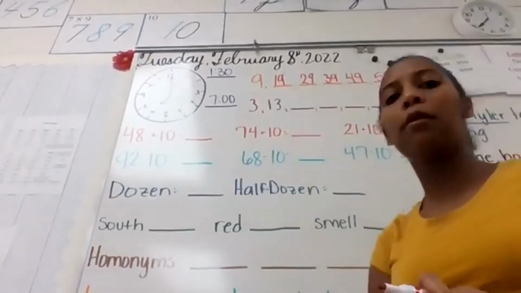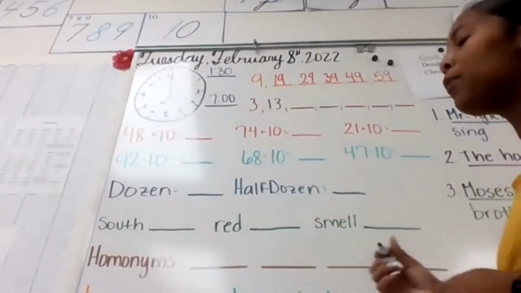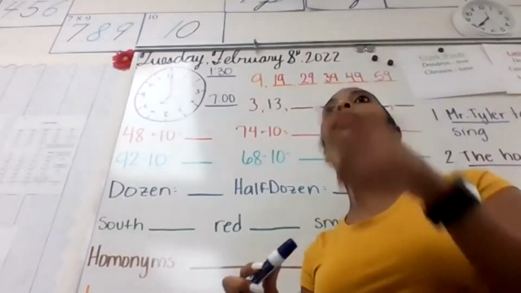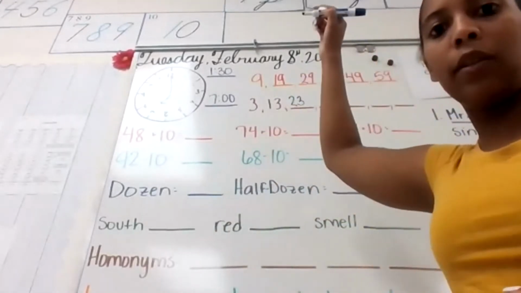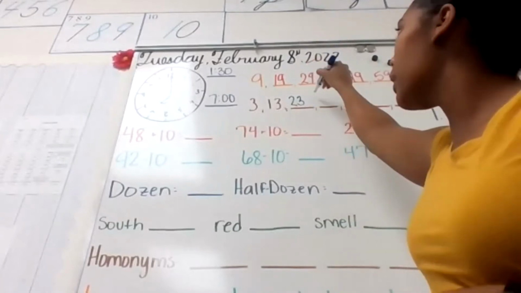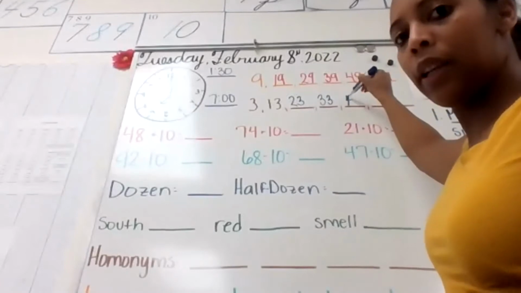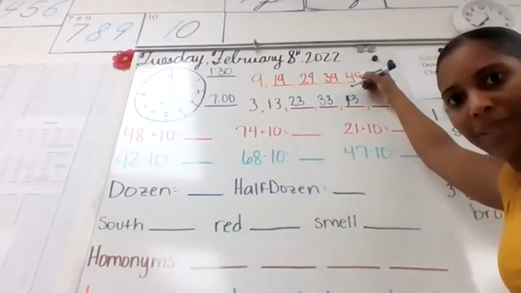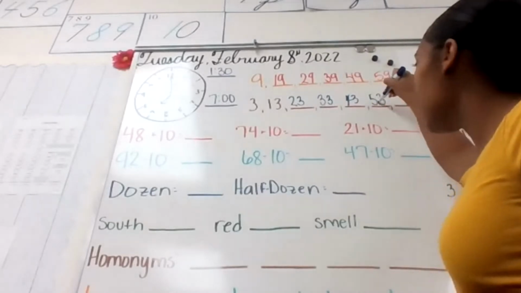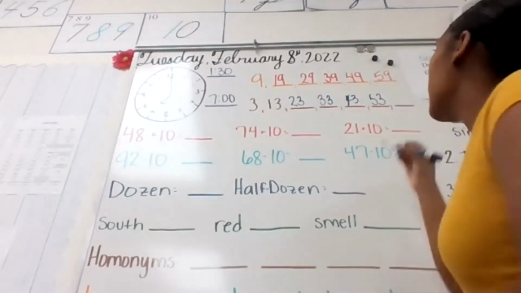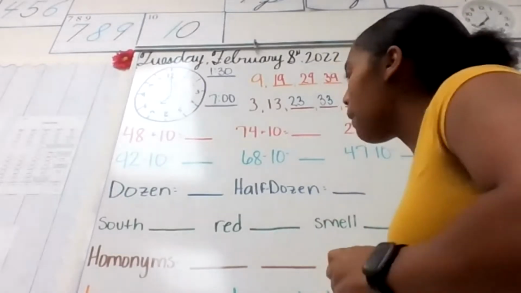Good. So I have 3, 13. Where am I going from 3, 13? 23. After 23, 33. 43. Avaya? 53. 63. And then our last one? 63. Good. That's counting by tens with 9 and 3.